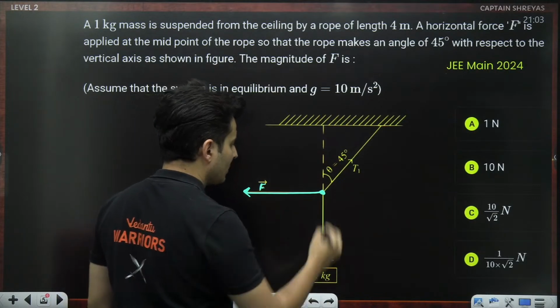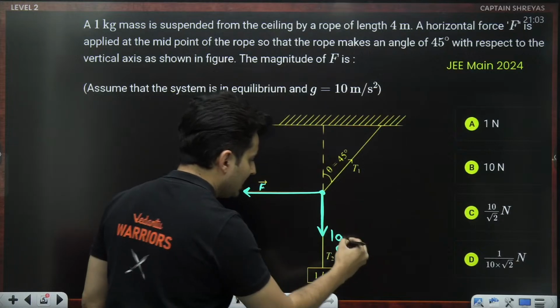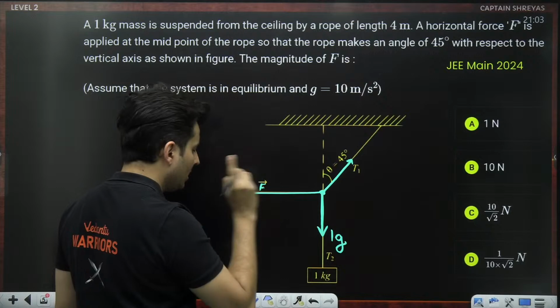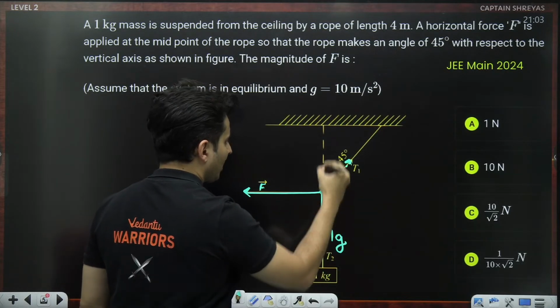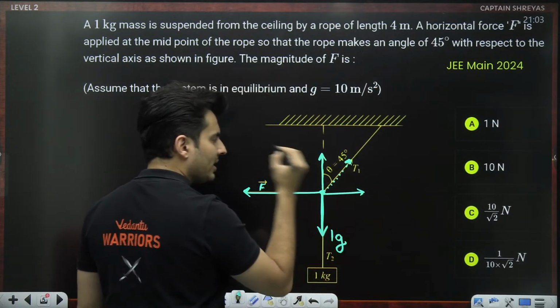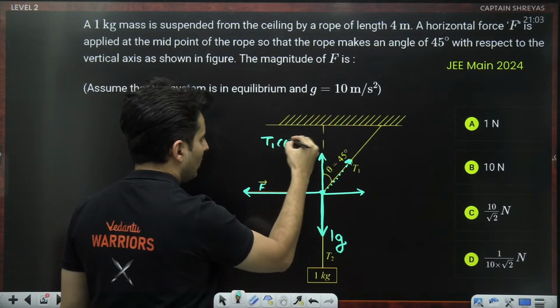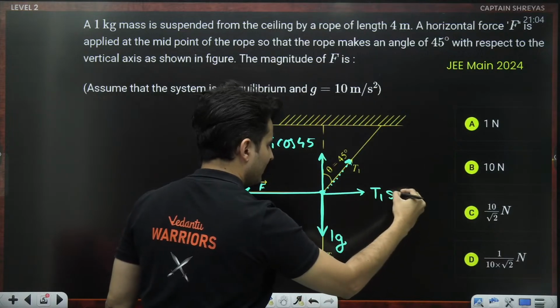There will be weight of 1g below, and a tension T1 here, which is not known to me. But that tension, I can split it up into two parts. One component here and the other component here. The one closer is cos, C for cos, C for close. So this will be T1 cos 45, and the one far away is sin, so T1 sin 45.